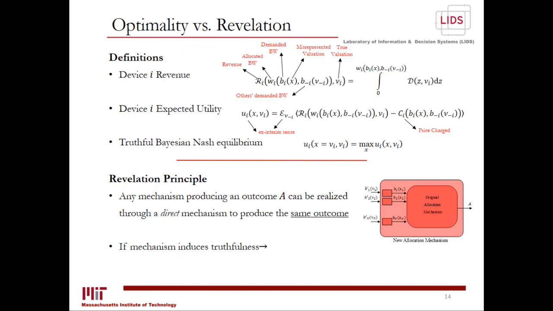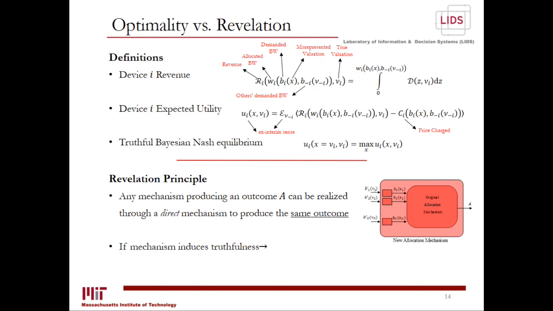It says that if we have a mechanism that produces an outcome A, the same outcome can be produced through a revelation mechanism, meaning there always exists a mechanism where devices have no propensity to lie, and this mechanism can create the same output as any other mechanism. So the mechanism, in other words, lies for us. We don't have to lie to the mechanism. But finding this mechanism is difficult. This is just an existence problem. It doesn't tell us how to find the mechanism at this moment.